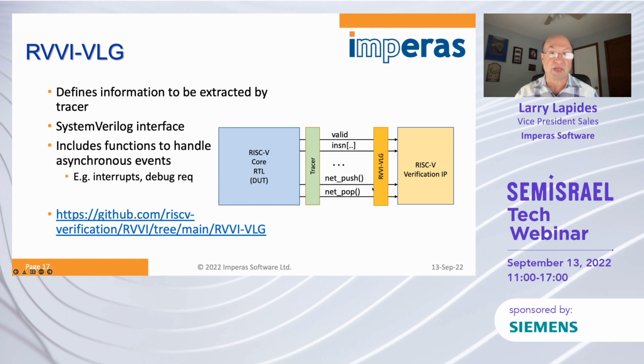They're the signals going out into this RVVI VLG, and then being communicated to the verification IP. And this includes functions to handle asynchronous events such as interrupts. And again, this is available on this GitHub repository.